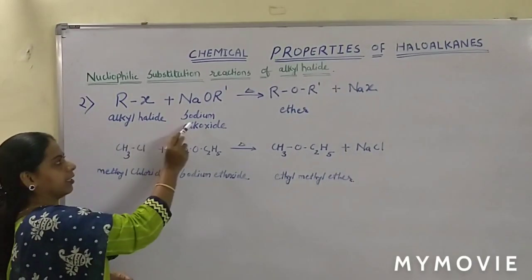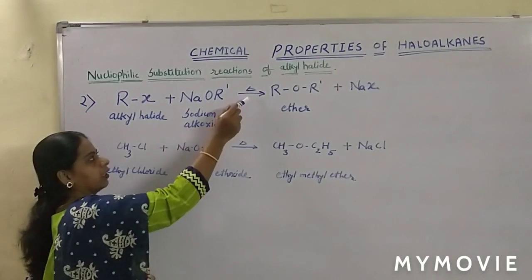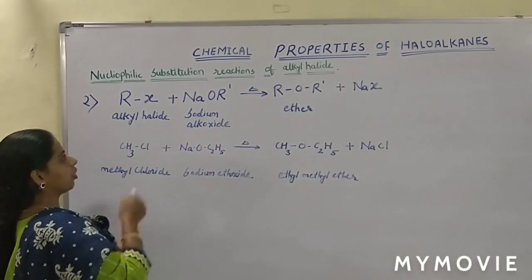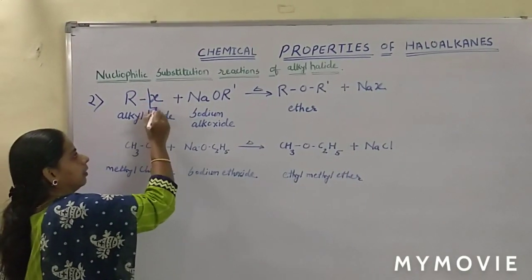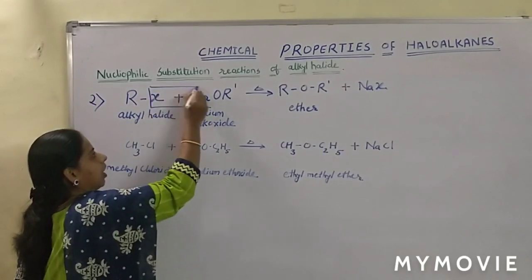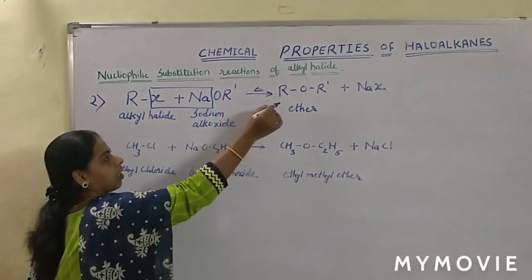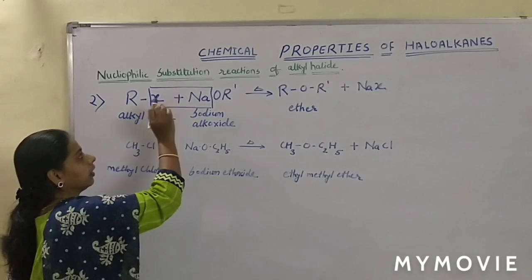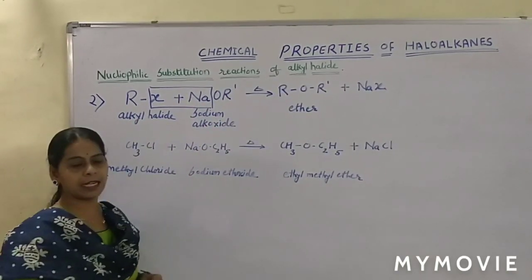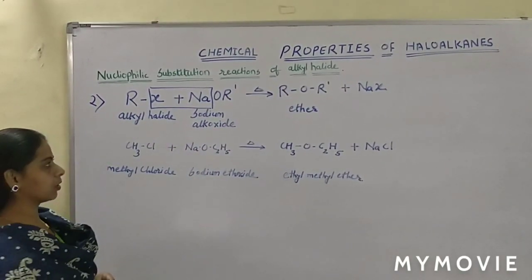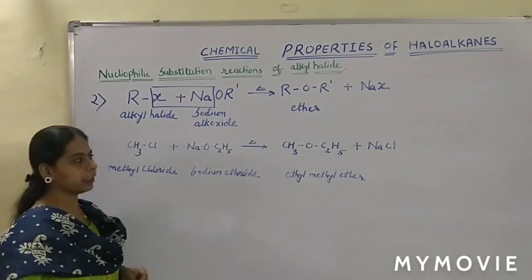Now when alkyl halide reacts with sodium alkoxide under heat, there is a formation of the ether ROR, and Na combines with the halide ion. So NaX will form. This is the functional group of ether.